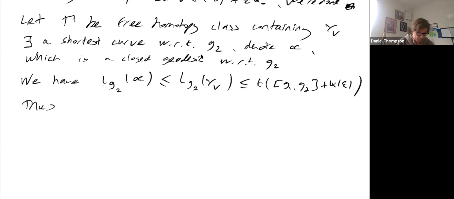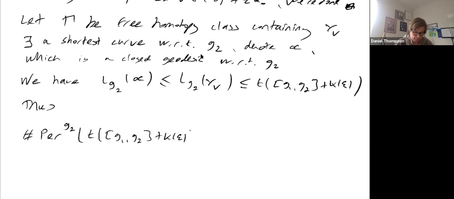Thus, the number of closed geodesics in G2 of length up to T (G1, G2 plus K epsilon) is greater than or equal to the number of things we just built.